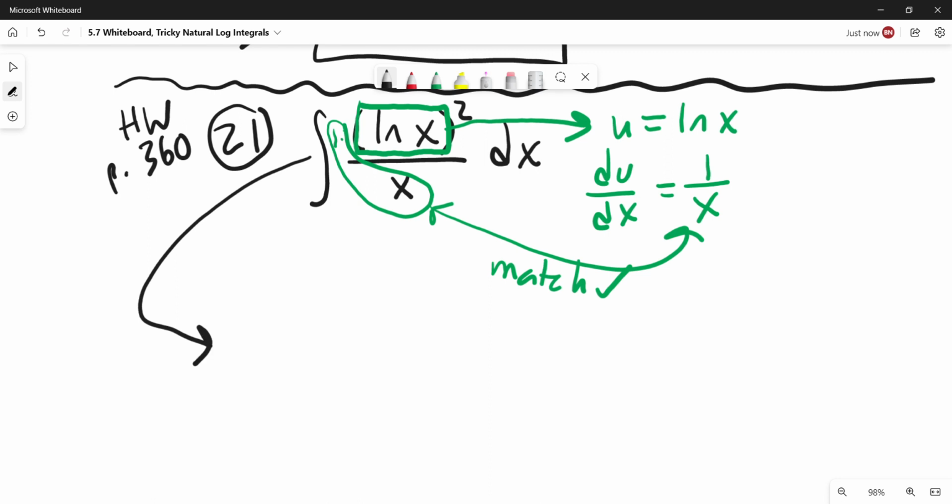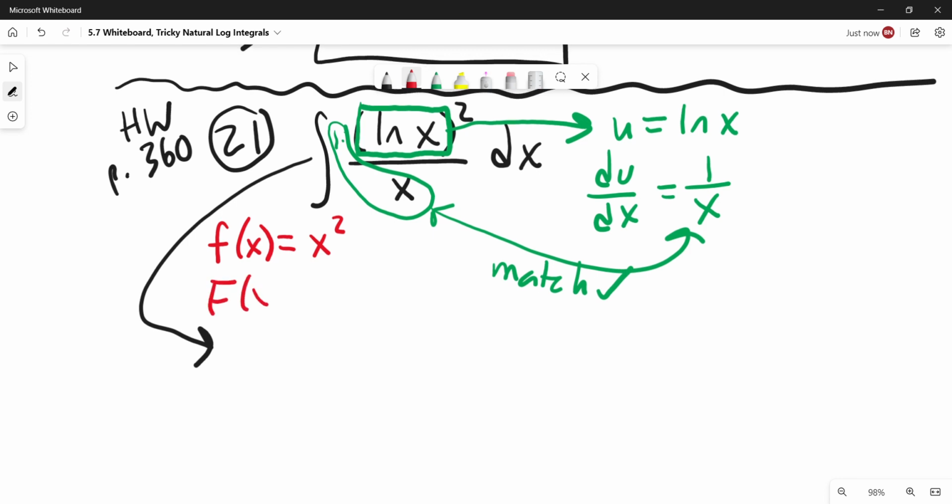Now, our big thing is, what is our outside function? Well, what's being done to the ln x? It's being squared. So it's x squared. And so the antiderivative of our outside function is x cubed over 3, right?